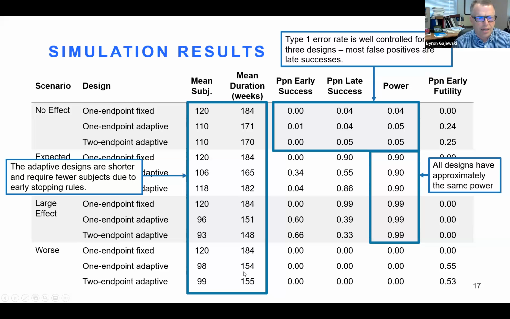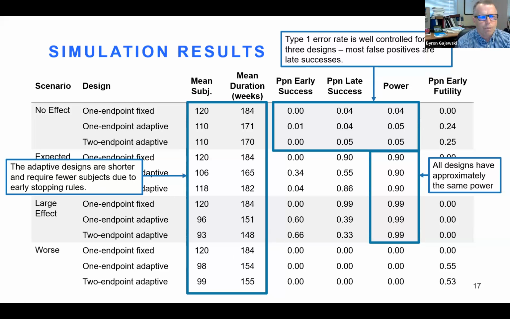Under the worse effect here, we get improvement in sample size and time because there's a chance of futility. Okay, so in summary, what this table says is that there's improvements in going adaptive in that you get faster trials, smaller trials, about the same power.